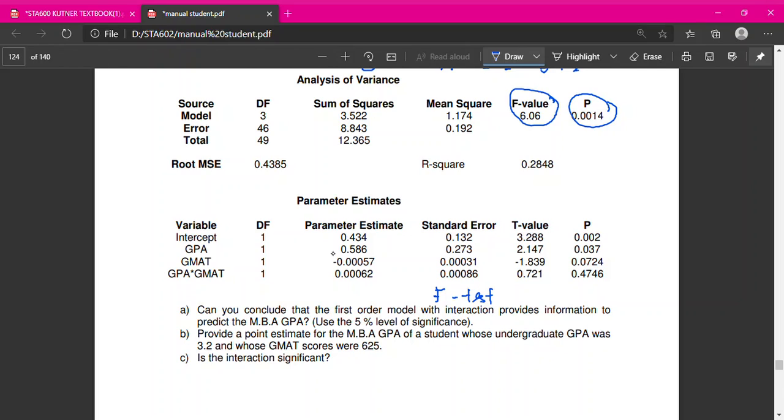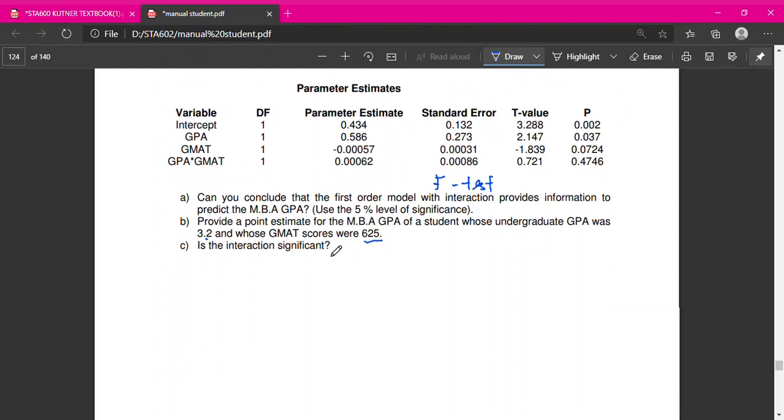Okay, B, provide a point estimate for MBA GPA, which is Y, for a student whose undergraduate GPA was 3.2. GMAT score is 6 to 5. So tadi kita ada all the parameter here. We can create the function, okay?